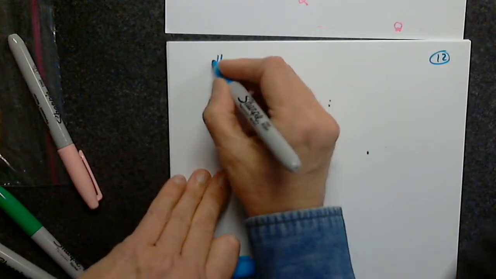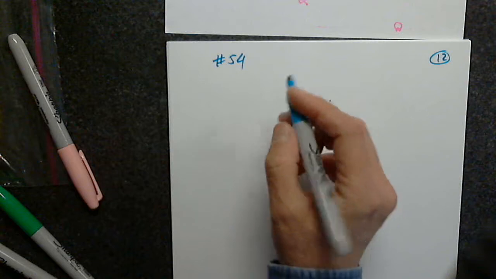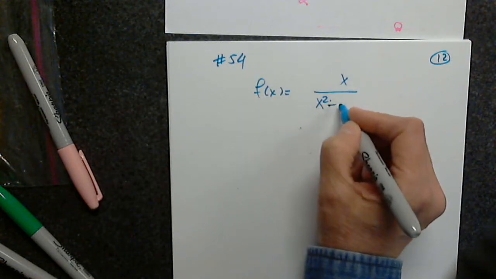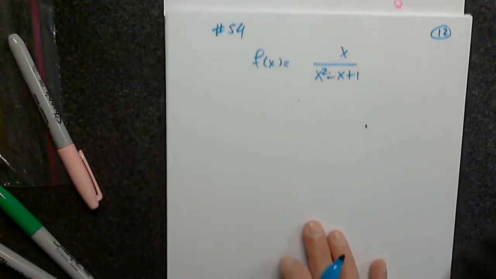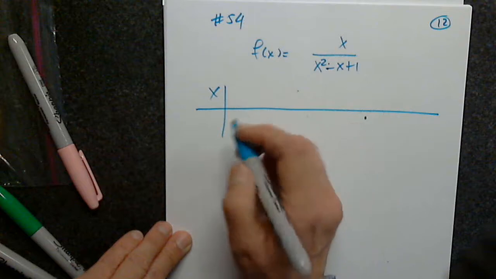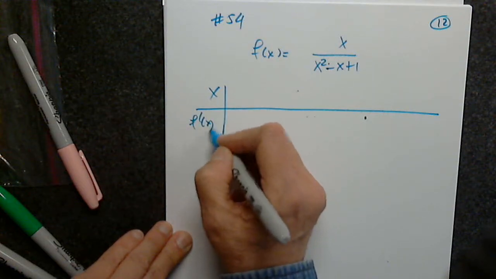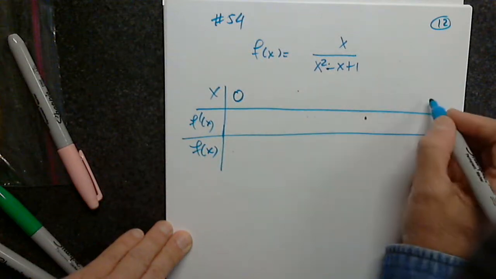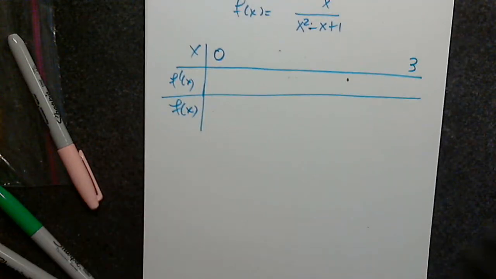Good. So we look at 54, and that is f of x equals x divided by x squared minus x plus 1. And again, there is no discussion of domain. This is never 0, actually. The domain is given to us carved in stone.